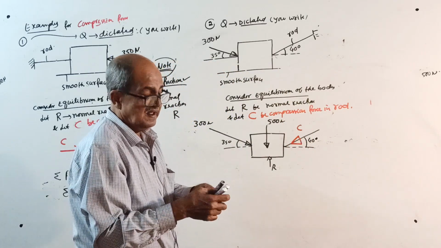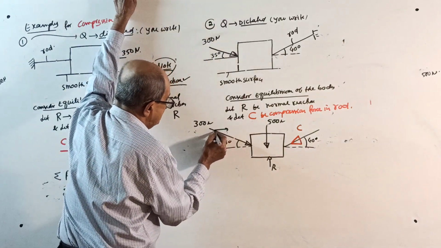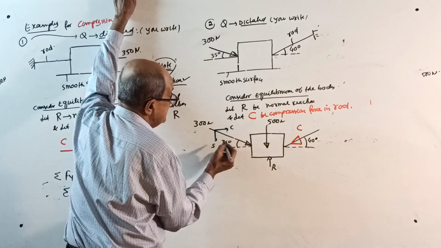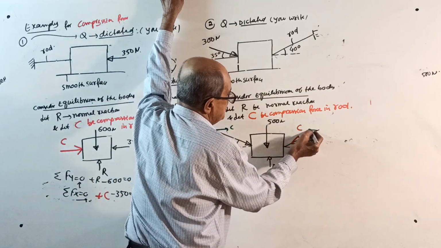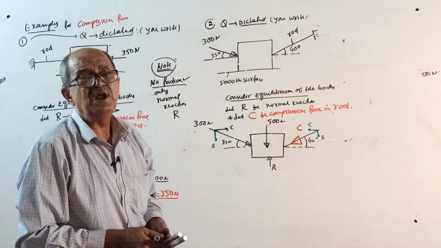Now take a pencil. Right side down, cos, sine. Left side cos, vertically down sine. If you do not know this, don't continue my class.